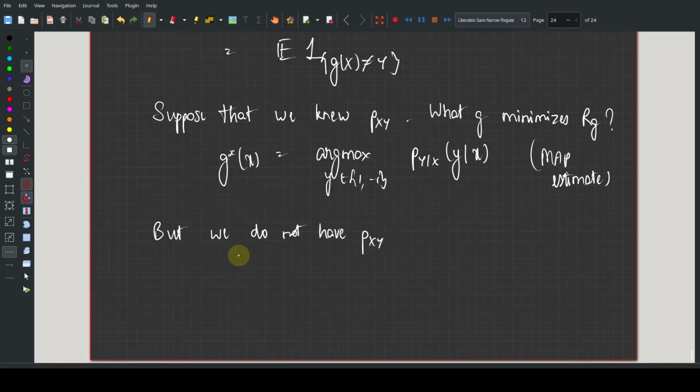What we are instead given are a bunch of samples drawn from this distribution. Let's suppose that we're given n samples, all drawn IID according to PXY. So this is our data set.